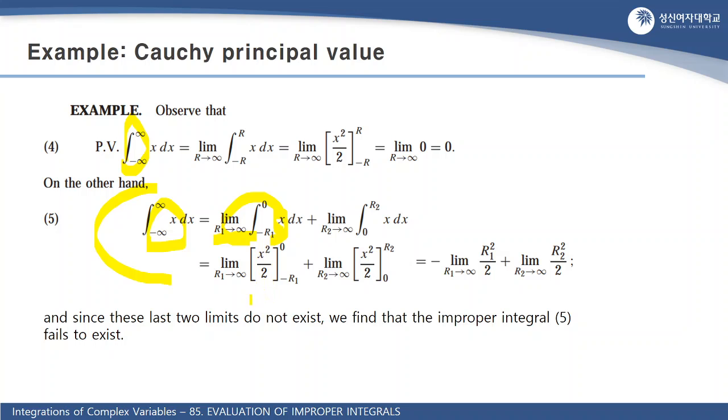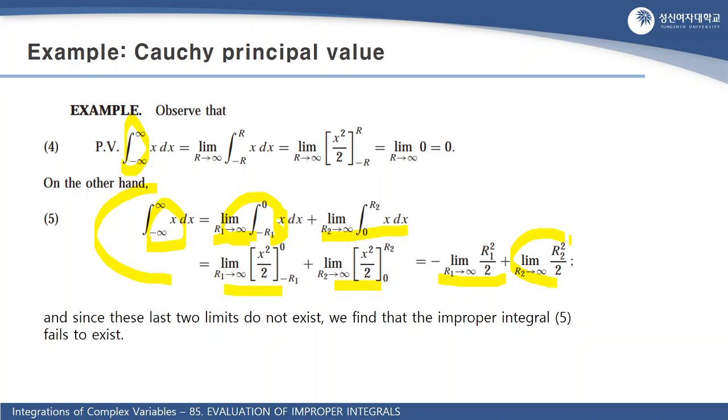So this will result in negative infinity, and this second part will approach positive infinity, because the antiderivative of this function x is x squared divided by 2, and we consider the interval from 0 to R2, and we take the limit as R2 approaches infinity.